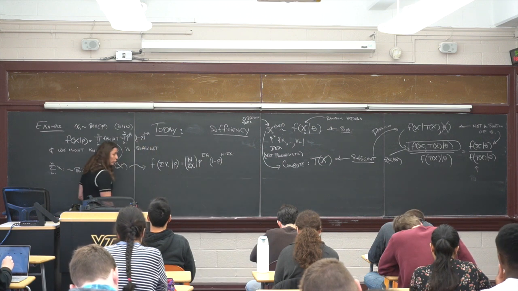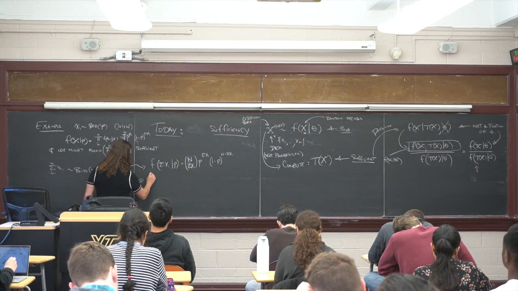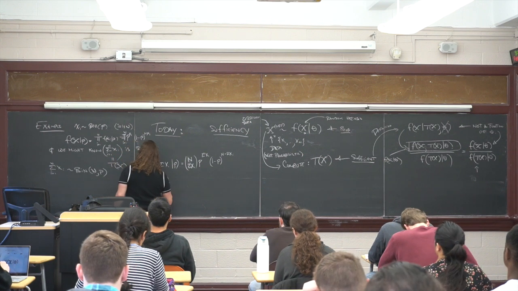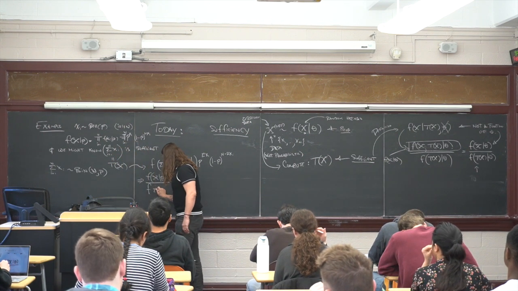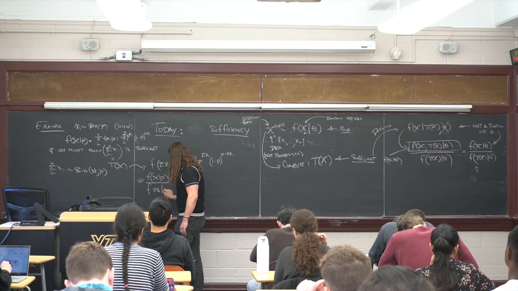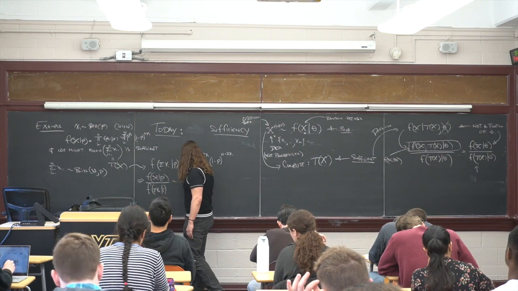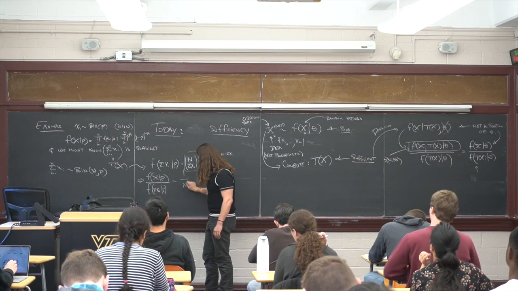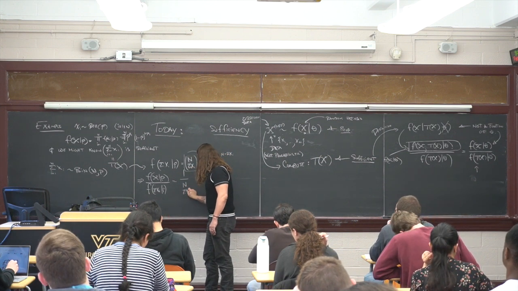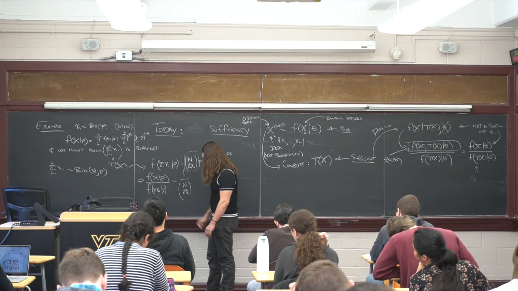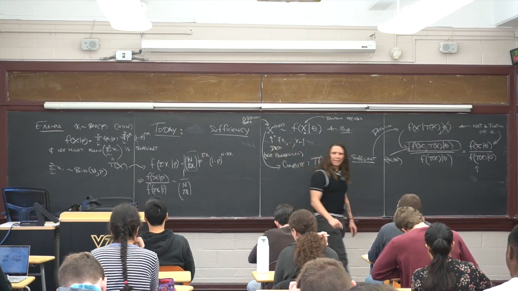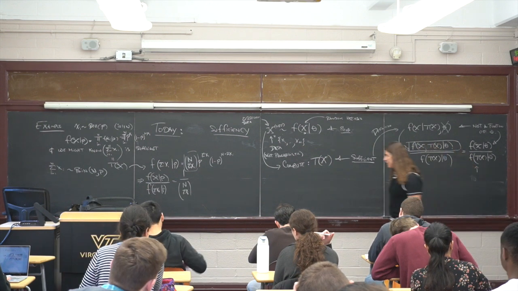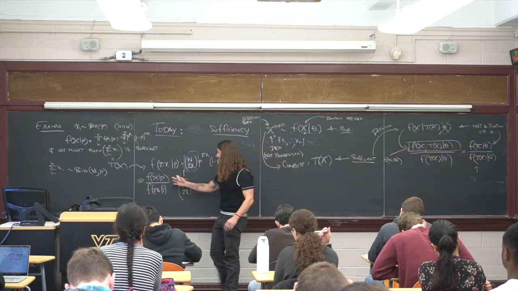So what's the ratio of these two things? f of x given p over f of the sum of the xi's given p is just equal to 1 over this thing. So just what we had last time. And so that's not a function of p, even though we see the p's on the left-hand side.